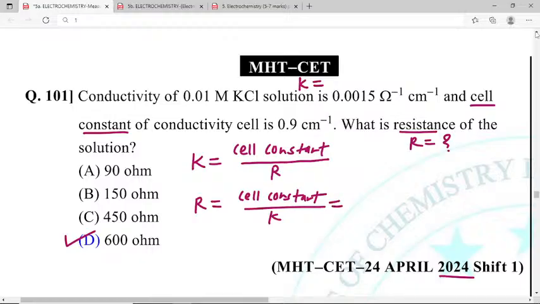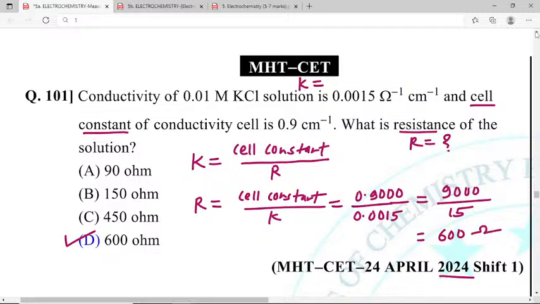What is the cell constant? 0.9 divided by K, 0.0015. Get it? So solve the question properly. We can write it as 0, 4 zeros, so this number is 9000 divided by 15, which in short is 600 ohm.